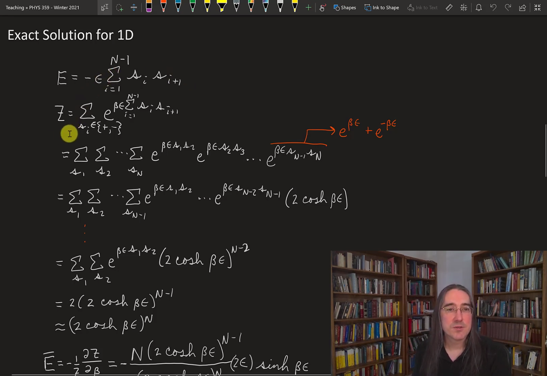So the partition function is just the sum over every possible configuration of spins, right? Every single spin can be either plus or minus. Sum over all of these configurations, and the thing that you're summing between configurations is e to the beta epsilon times the sum of all the spin products.